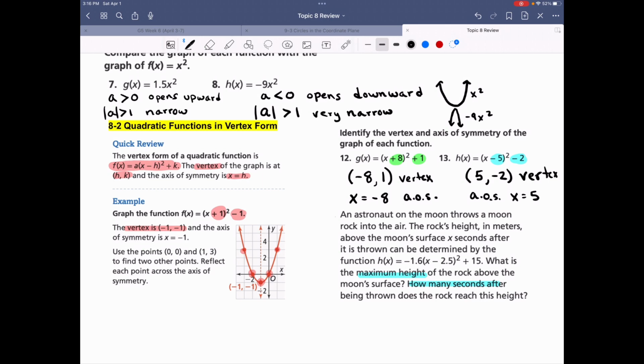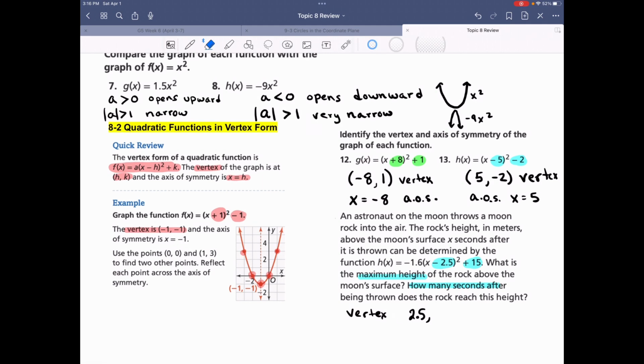This is simply a vertex question, and so looking at these two numbers, we can figure out the vertex. Oh, I'm sorry, it's not negative 2.5, it's because it's opposite. So 2.5, comma, 15.